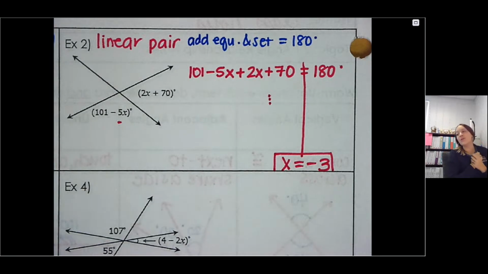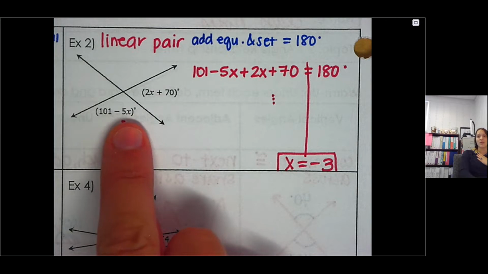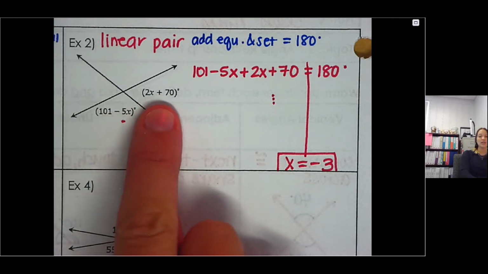Okay, but since we do have time, what should I do with that -3? You better plug it in, because I want to know not only the x value, I also want to know the value of each angle measure as well. So my gut says plug it into this one, and then this one will be really easy because you know it has to equal 180. So if you plug it in over here, 2 times -3 is -6 plus 70 gives you what?